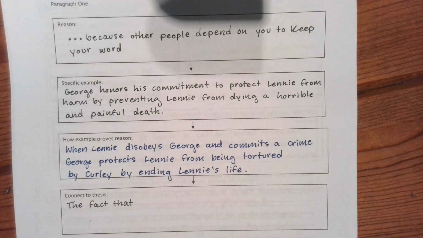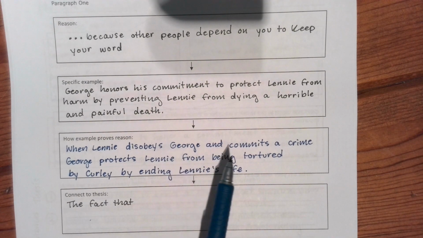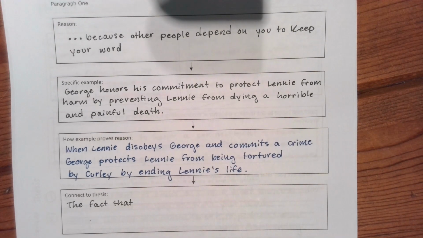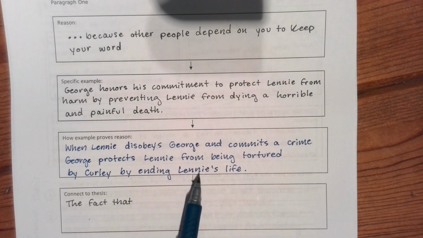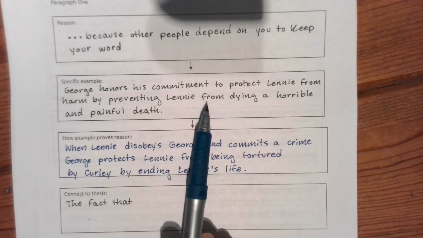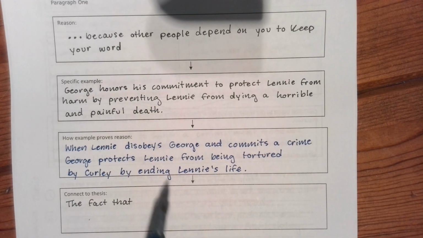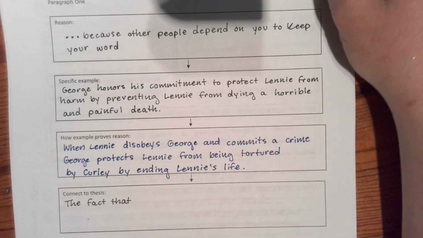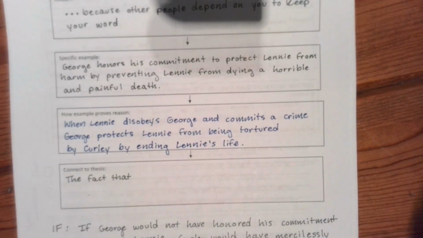Okay. We have to give this type of detail, because if we just say George shot Lenny and that's keeping a commitment, that doesn't show our reader that that was actually an act of mercy and an act of honoring his commitment to Lenny. So we have to show our reader through digging deeper into our examples.